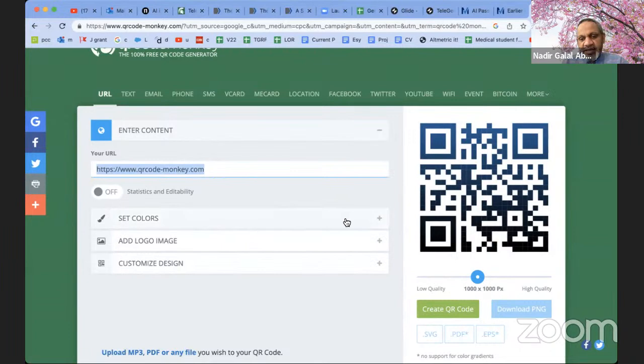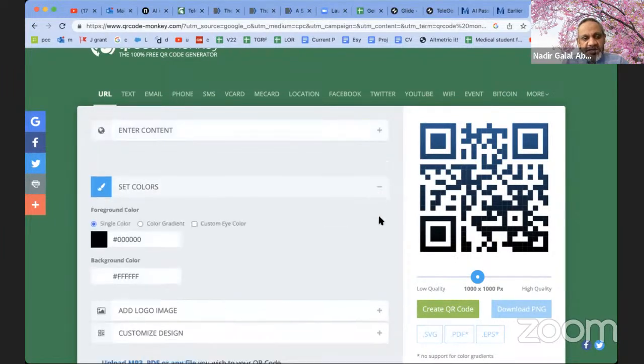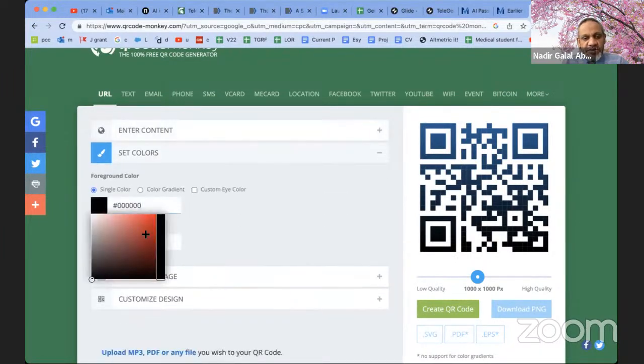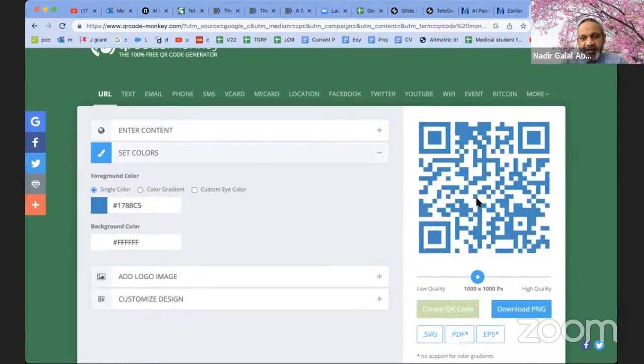And then you can set the colors. So you can change different colors according to what you want. When you create it here, it will change to the color you want. If I want it red, I can put it somewhere red, for example, and then it will become red. So this is a different way of matching your poster theme or color theme with a QR code.